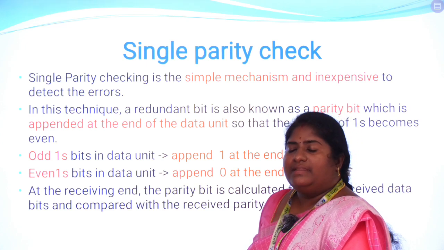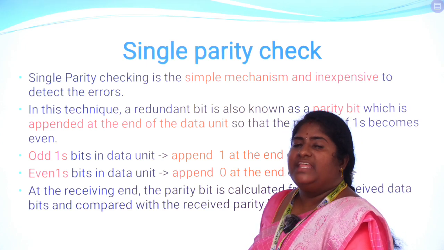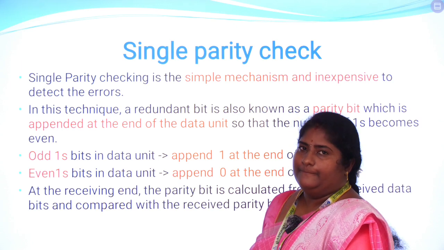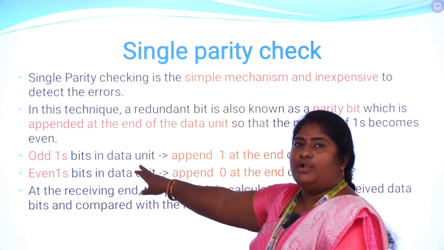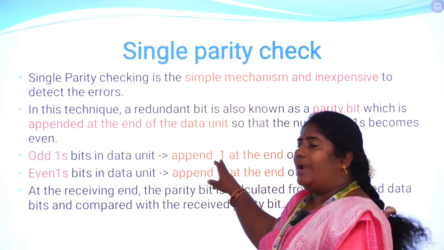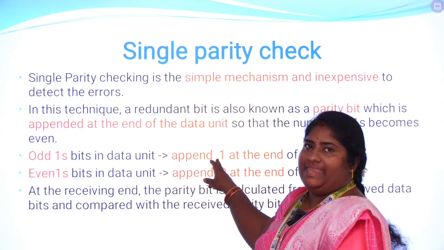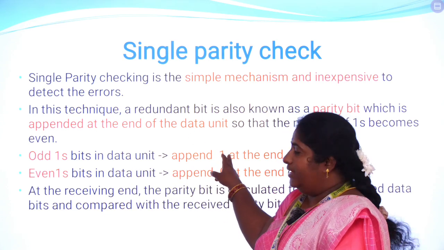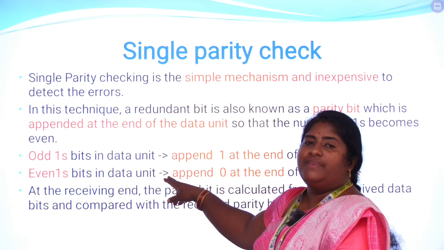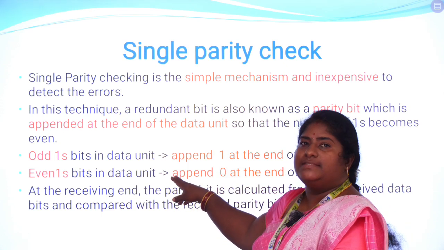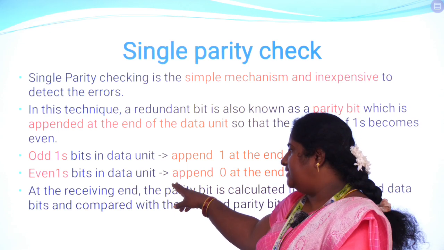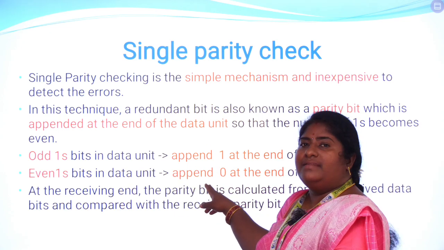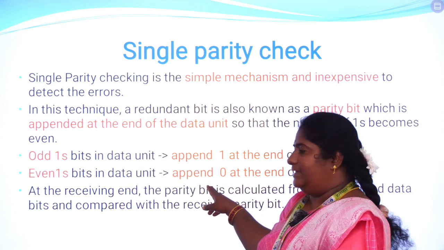When the data is going to be transferred, the number of ones is calculated. If the number of ones in the data is odd, then we append the value 1 at the end of the data. If the data we are going to transfer contains an even number of ones, then we append 0 at the end of the data unit.